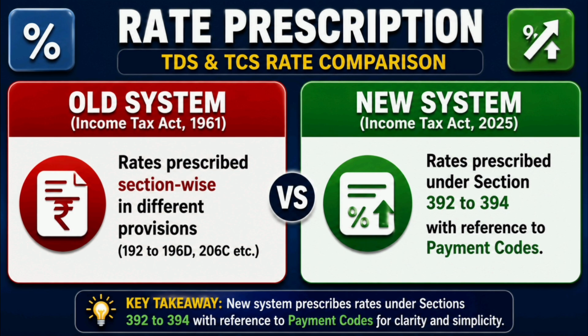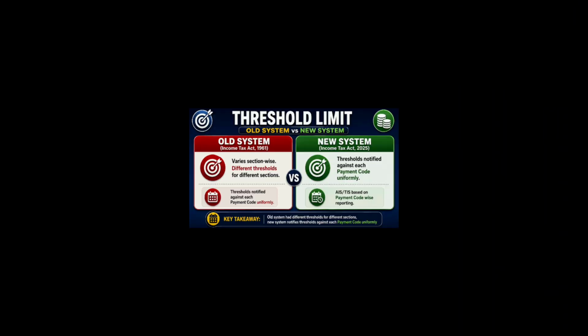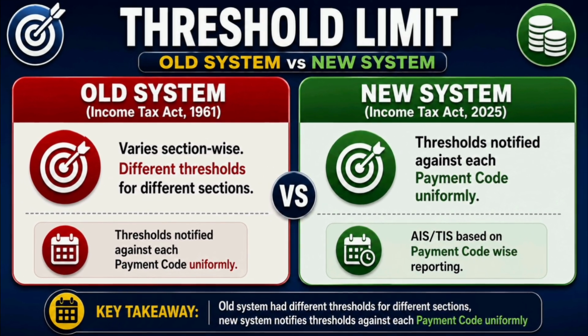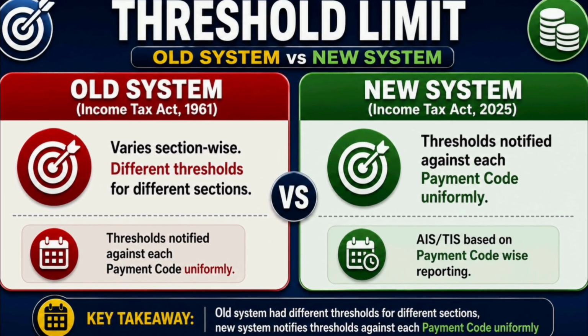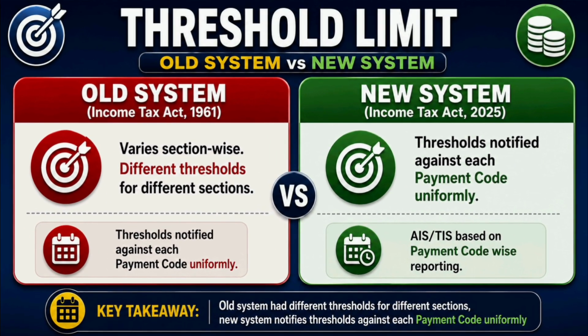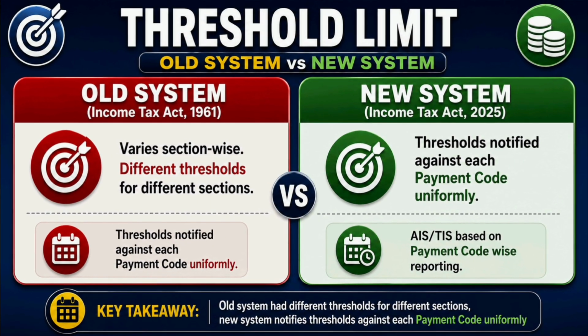The rates are prescribed section-wise in different provisions, sections 192 to 196D for TDS and 206C for TCS. But in the new Income Tax Act, the rates are prescribed under sections 392 to 394 with reference to the payment code. And aspect 7, threshold limit. In the old Income Tax Act, there are different section-wise thresholds for different sections, but in the new system, the threshold is notified against each payment code for better uniformity.